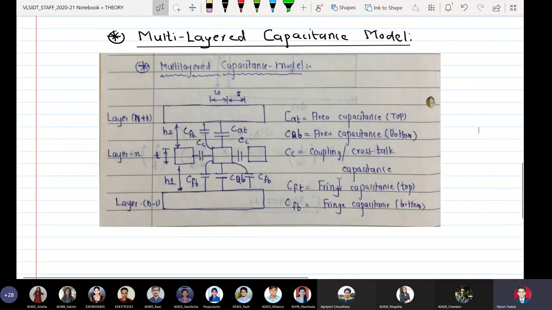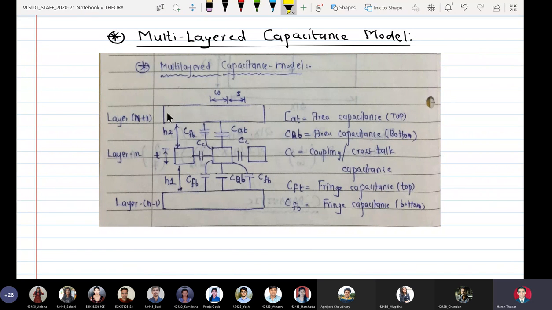Okay, here. So it is called a multi-layered capacitance model because we are trying to understand what are the capacitances involved when a wire or a communication medium is a sandwich between two layers on the silicon wafer. So we can see here that there are three wires which are running between two layers. I'll highlight them, you will come to know.